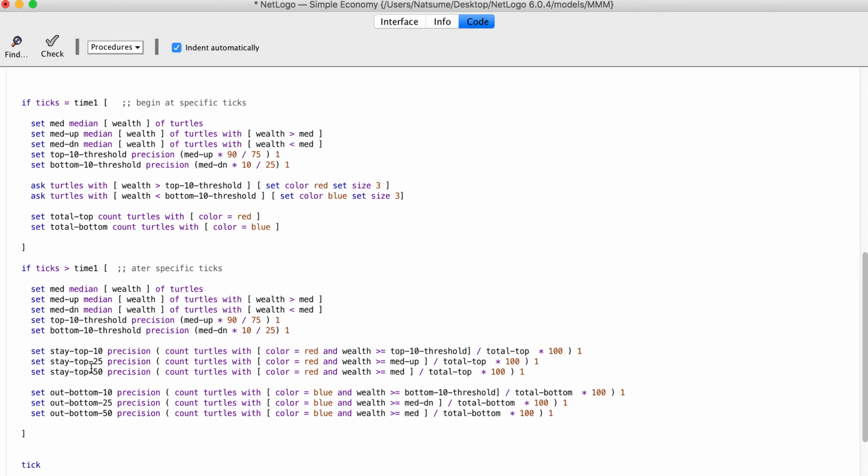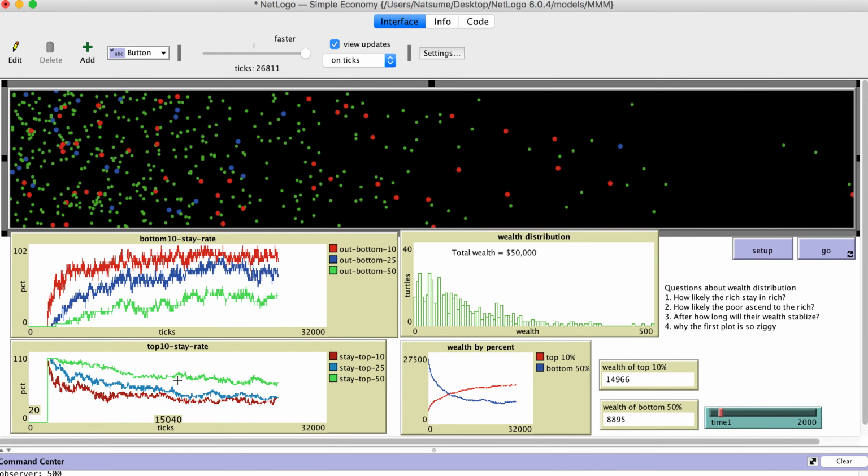And similarly for the top 50%, the percentage whose wealth belongs to the richest 50% of the population. So this way we can get these three values for every tick. And then we can use a plot function to plot the value at every tick. Therefore, we get this graph. And similarly, we can get this graph as well.